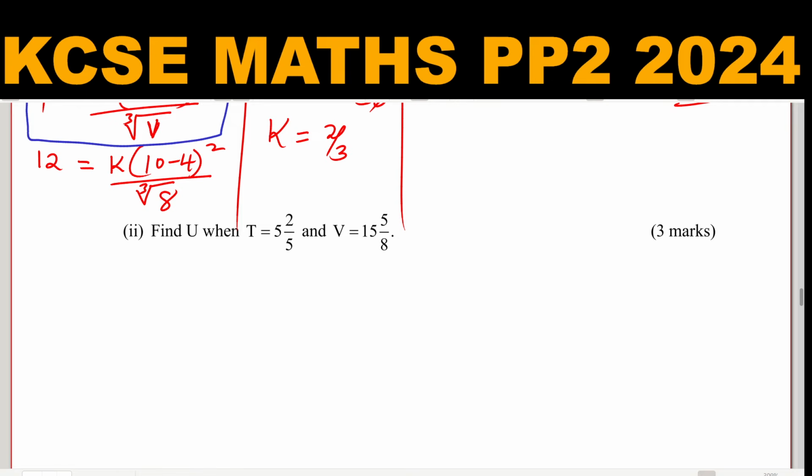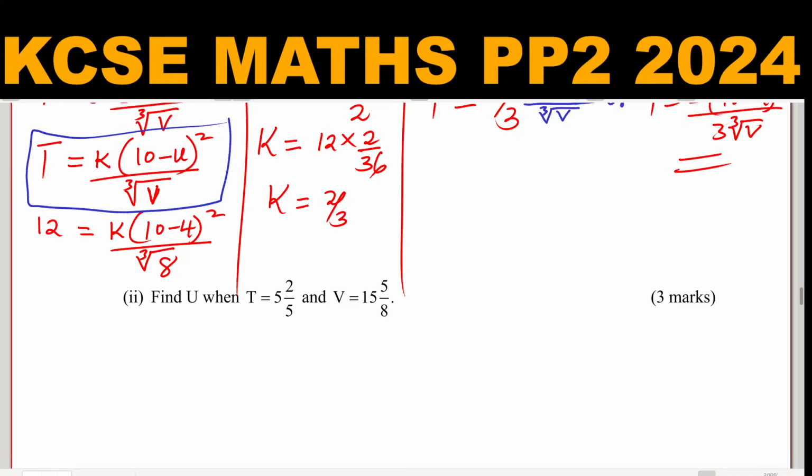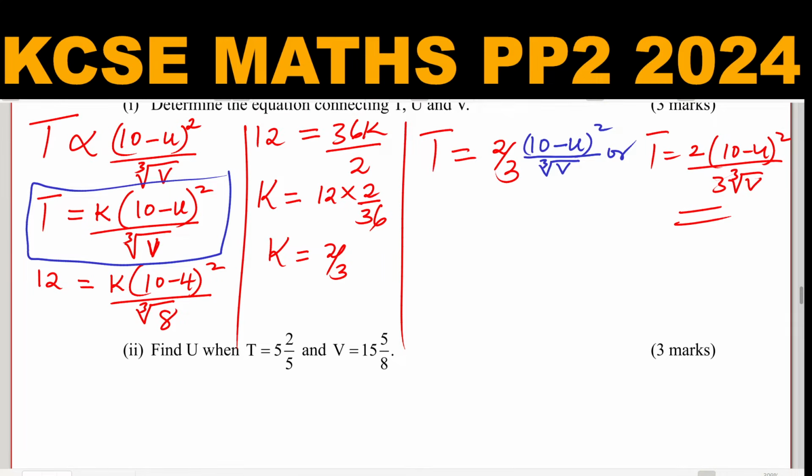The other part, part 2: find U when T is equal to 5 and 2/5 and V is equal to 15 and 5/8. So that is the other part. For this one, because we have the equation here, we simply need to substitute.